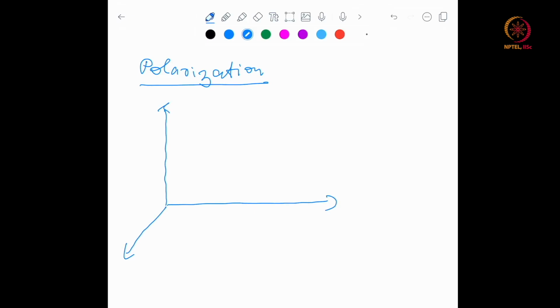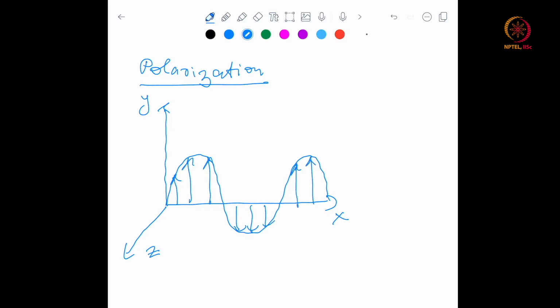Forgive my drawing. So this is Y, X, Z. All right. So this is an electromagnetic wave example. This is the electric field. This is symmetrical actually, it does not come out that way in my drawing.